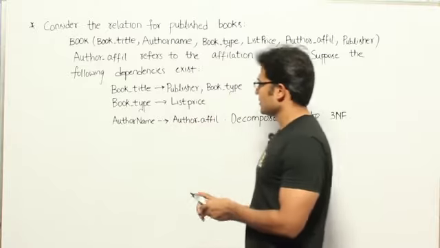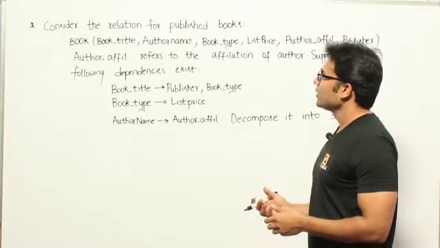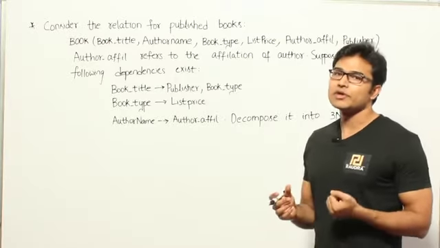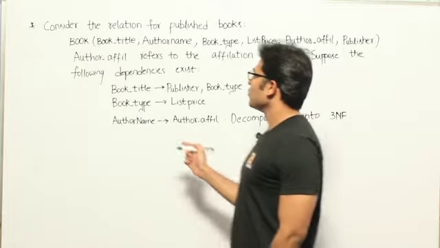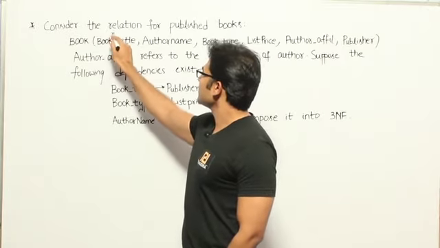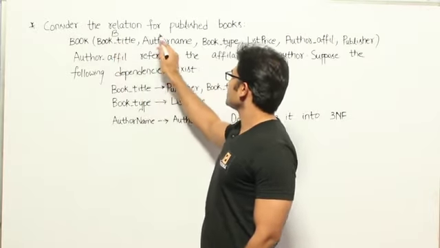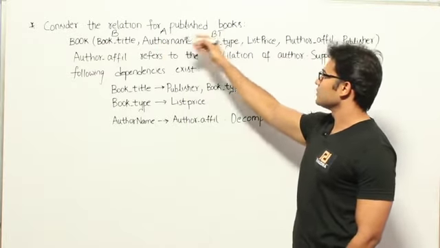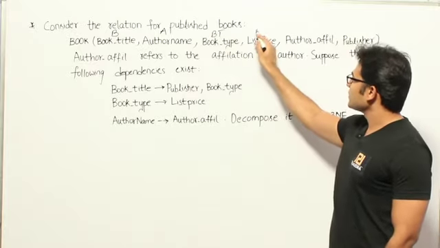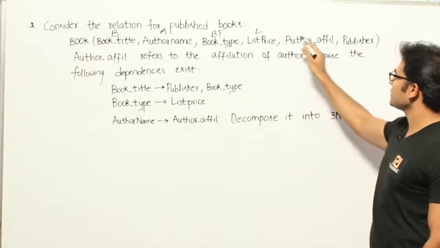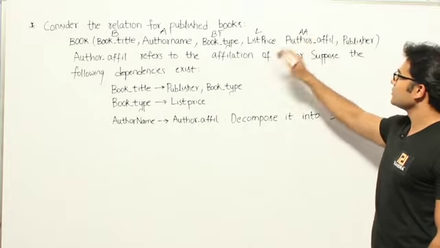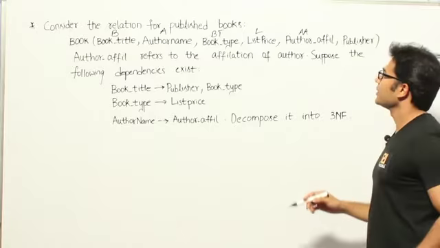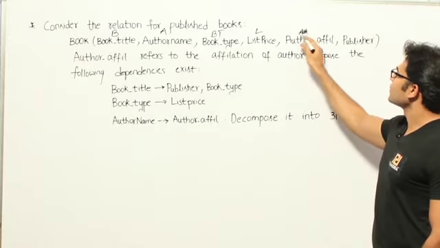Before going ahead, since these names are very big, you can just replace them with some small variables. So let us say book title is represented by B, and author name is represented by A, and book type is represented by BT since B is already taken, and list price is represented by L, and author FL is represented by AU since A is already taken.